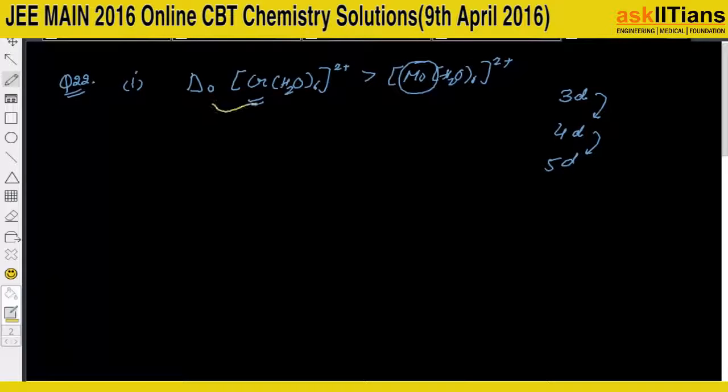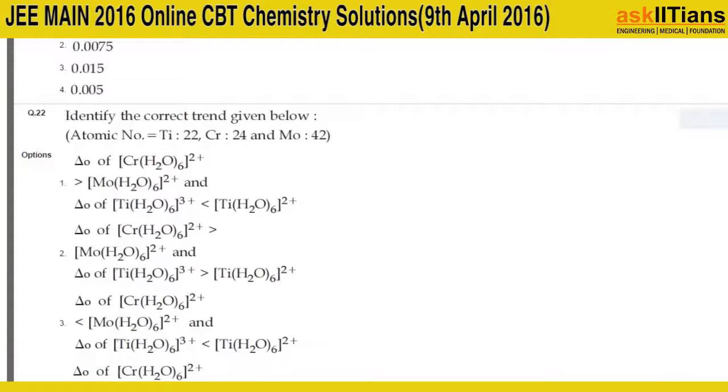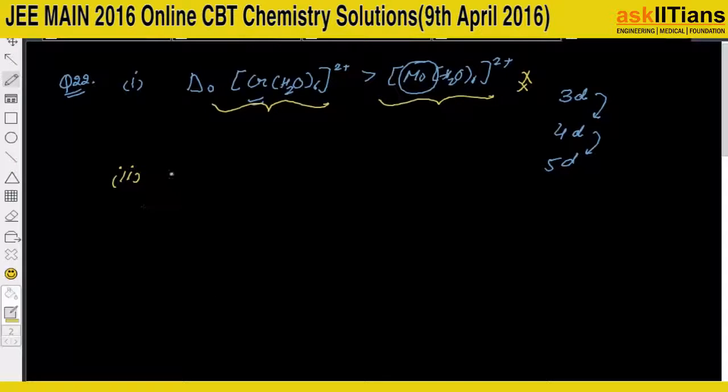It says that the CFSE for the chromium compound is greater as compared to the molybdenum compound, and hence this will be the wrong option. Coming over to option number 2, it says that the delta O of [Cr(H2O)6]2+ is again greater than [Mo(H2O)6]2+. So the same statement is here in option number 2 also, and I can say this is a wrong option.